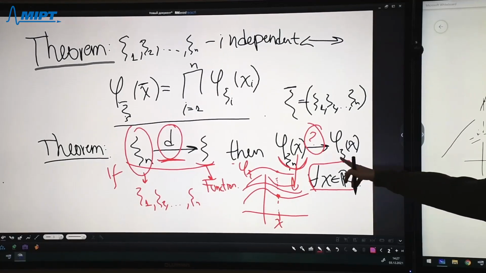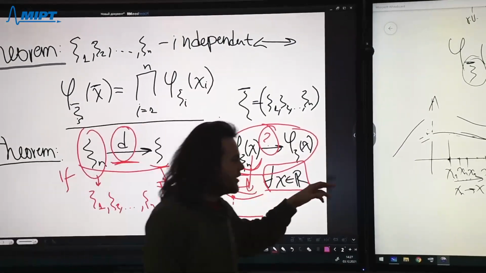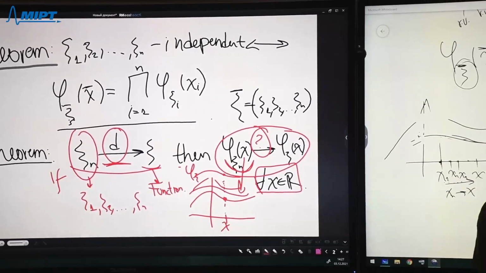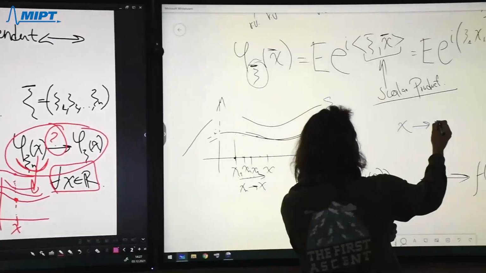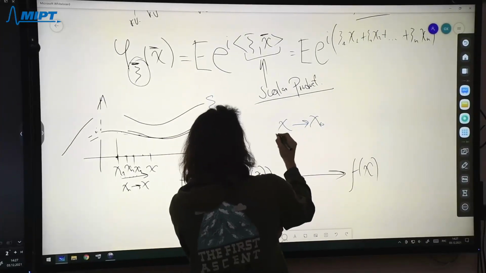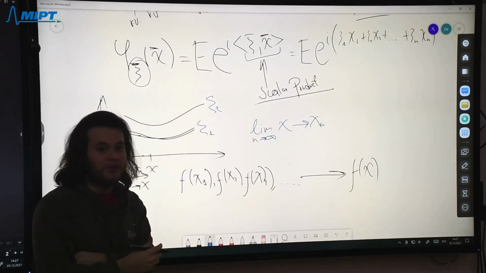Here, what is the meaning of this? It means that if x tends to x0 when n tends to infinity, right? What is the meaning of this?